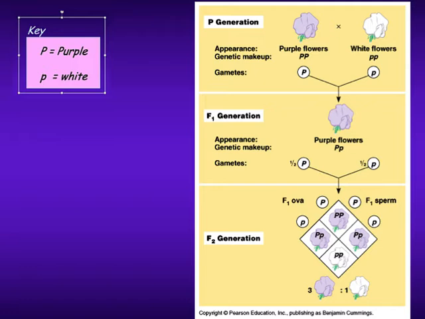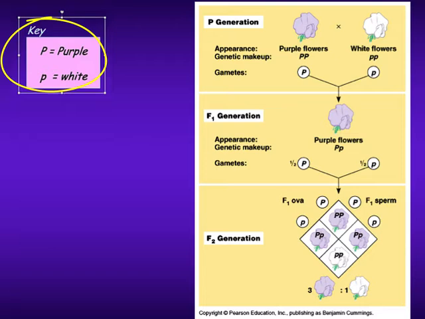Fertilization gives us the F1 generation genotype, which is composed of a dominant gene and a recessive gene, a big P and a little p. This results in a purple flower phenotype. So to review to this stage, we have a key, which tells us the two alleles and the dominant and recessive phenotypes of those alleles.